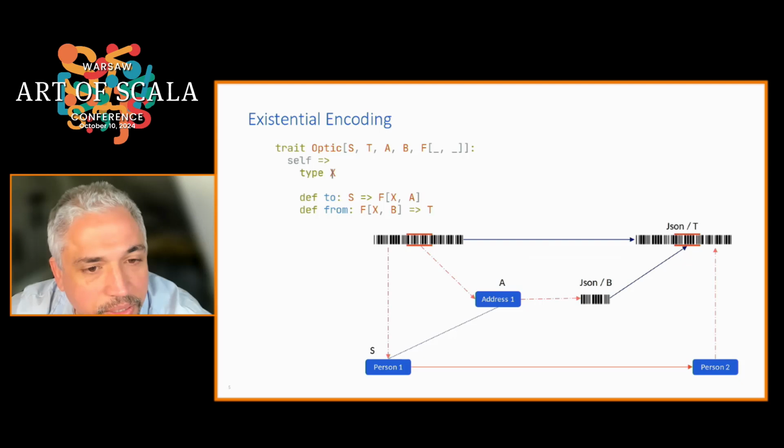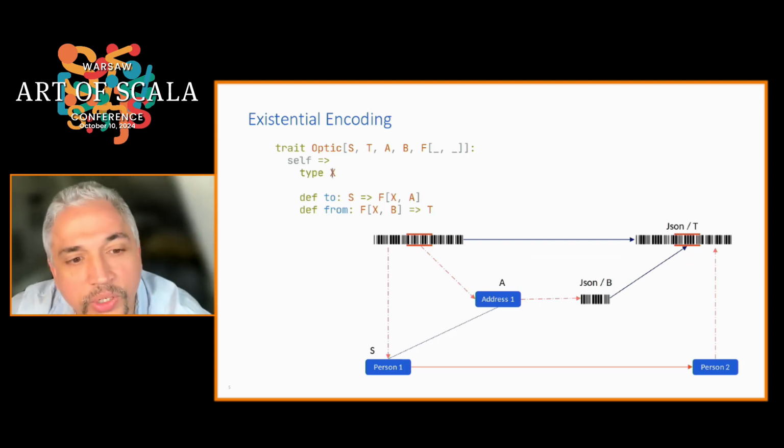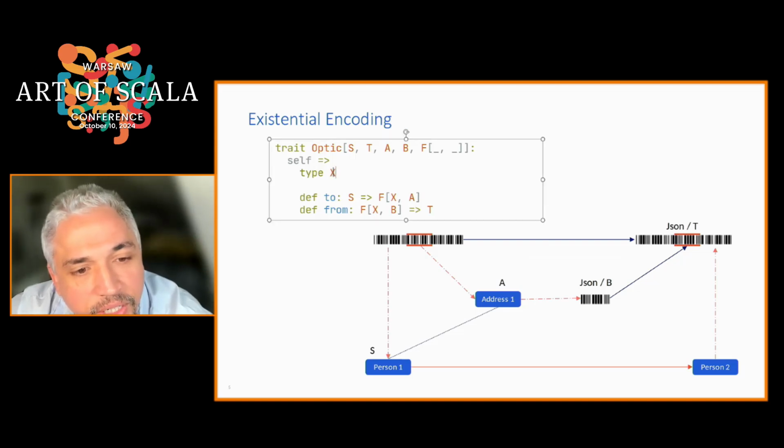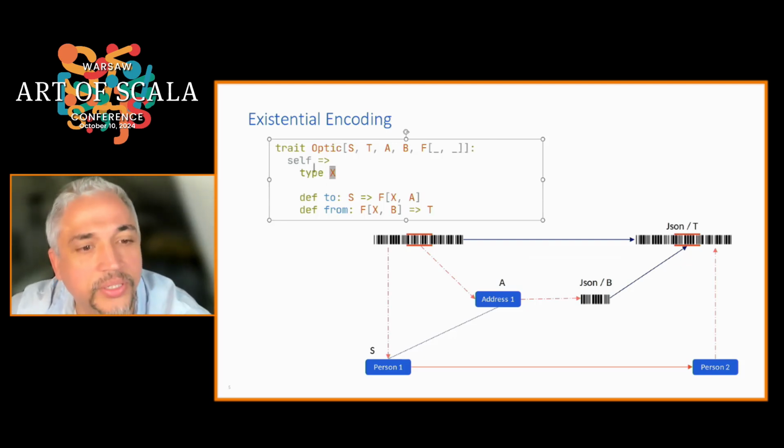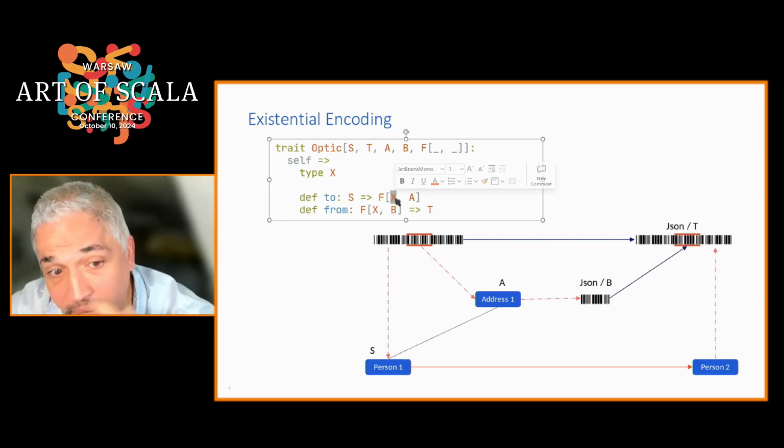The way this is understood or interpreted is that you have this additional existential type X, this hidden mysterious type within the optic that says to go from S to A, there's a hidden extra bit, right? There's the complement or the companion object.